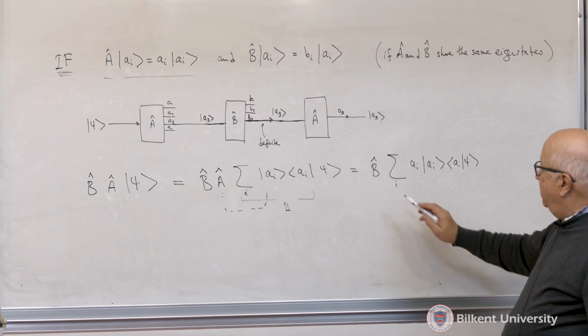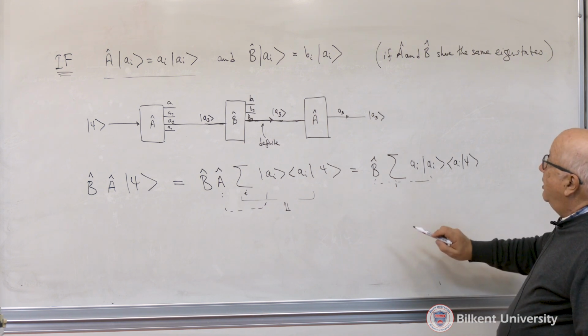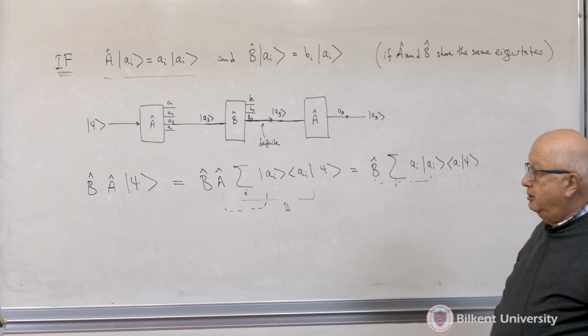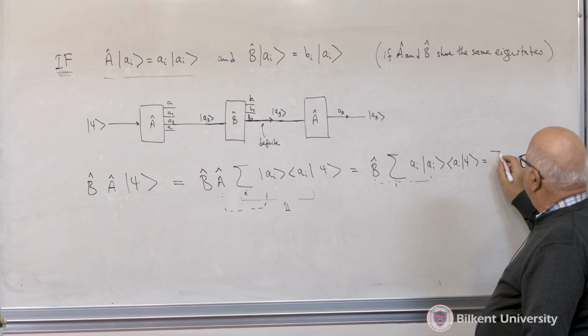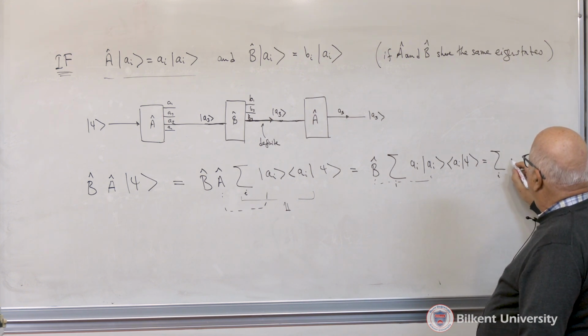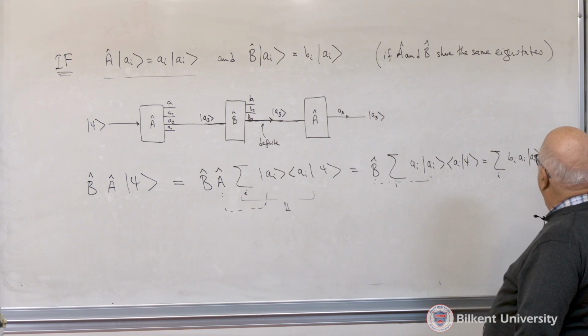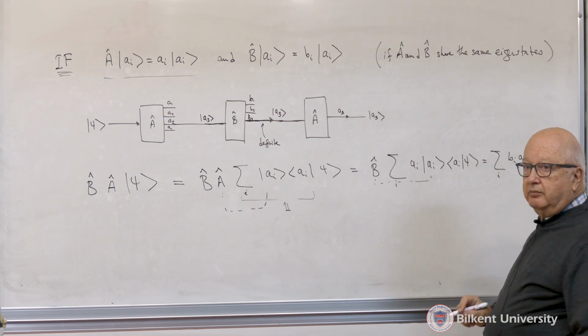And then B operating on a_i also gives me an eigenvalue, right? So what I get is the sum over i of b_i a_i, then a_i psi.